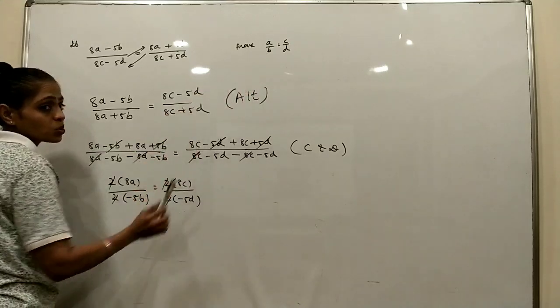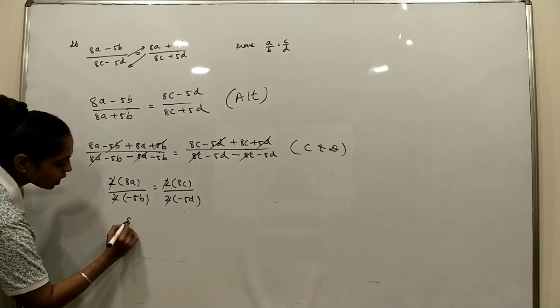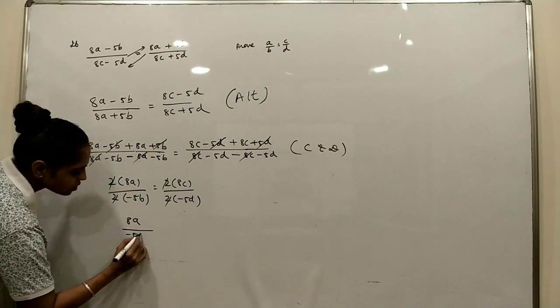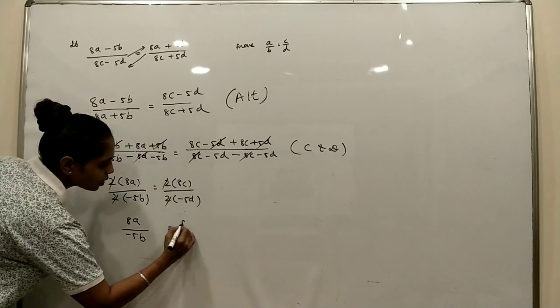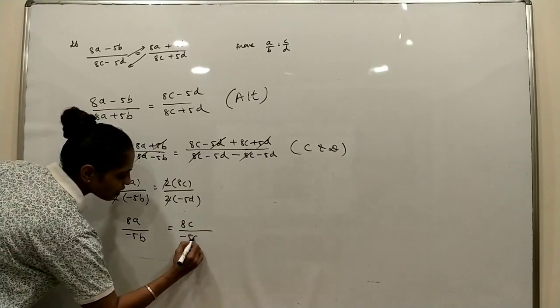So what you have to prove, a upon b equal to c upon d. So 8a upon minus 5b equal to 8c upon minus 5d.